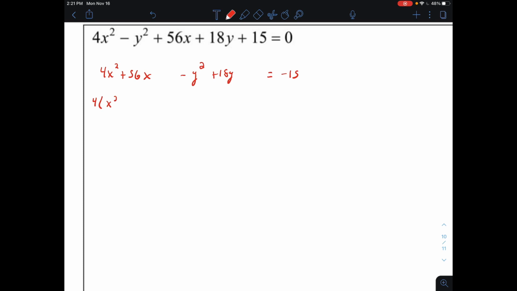So I have 4 times x squared plus 14x. And for my second grouping, I need to factor a negative 1 off of the y terms. So I have minus, parentheses, y squared minus 9y, and then equals negative 15.